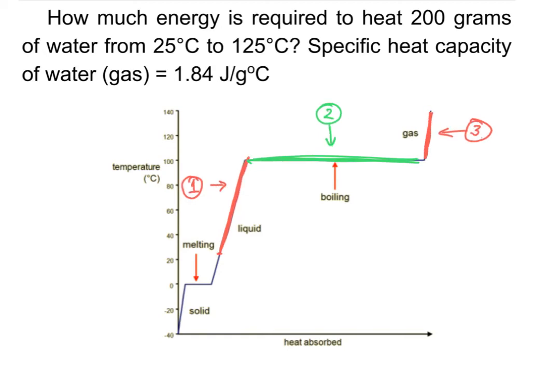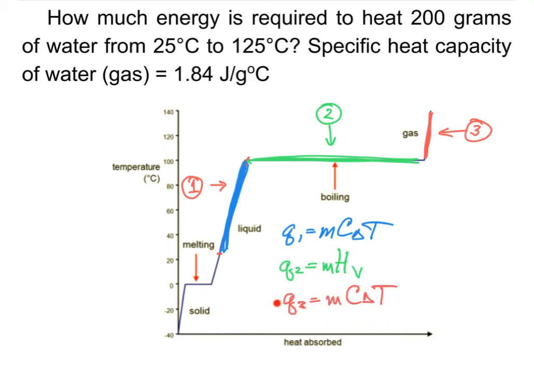We will use the formula Q = mc delta T for calculation of the heat that went into warming up the liquid from 25 degrees to 100. We will use mass times heat of vaporization to calculate the amount of heat that went into boiling 200 grams of water, and then we will calculate how much energy went into warming up the gas from 100 degrees Celsius to 125 using the old-fashioned Q = mc delta T formula.